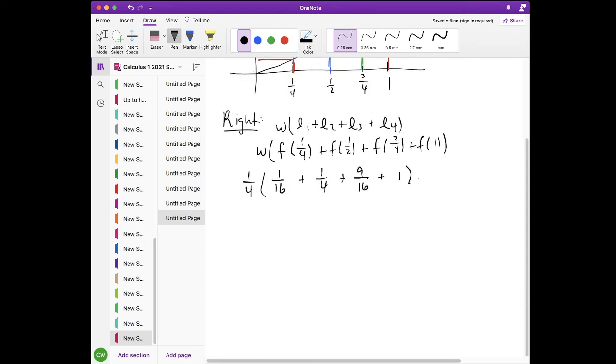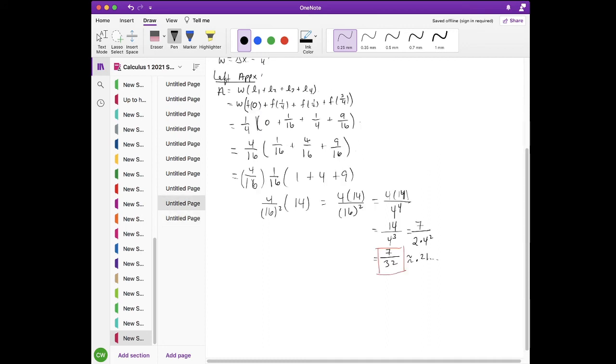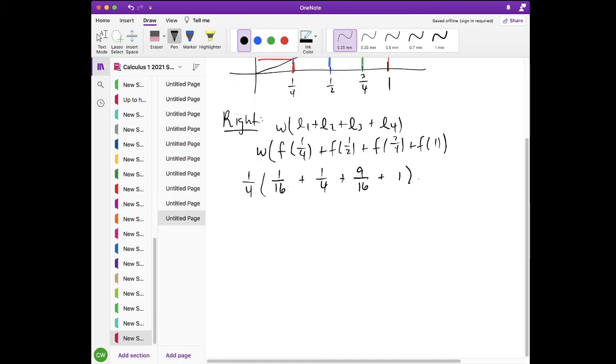So if I factor out a 1/16 here, we get 1 over 4 times 1 over 16 times 1 plus, now if we factor out a 1/16 from 1/4, you get 4, because you're really multiplying by 16. Multiply 16 to 9/16, you get 9. Multiply 16 to 1, you get 16. So what is that? 13, 14, 16 is 30.